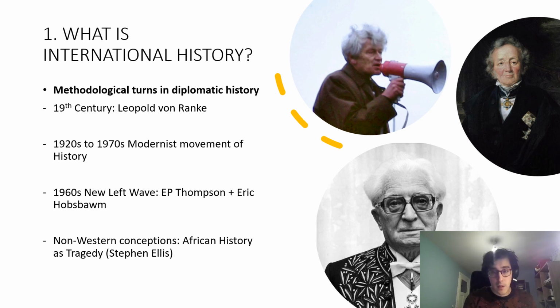But still this type of history remains problematic. It's still fairly elitist. It still focuses very much on the West. It still focuses very much on what big men are doing.